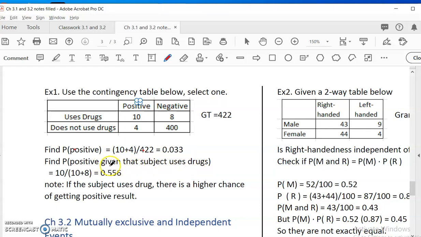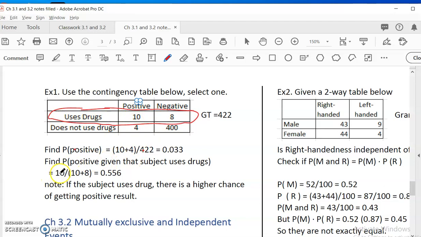Remember when you do a given that probability, you only look at whatever row or column that this happened in, right? So uses drugs is only this, right? You limit your sample space to these. What are the total people that use drugs? It is 18, right? So the sample space changes, it's not the grand total. And out of this, how many test positive?